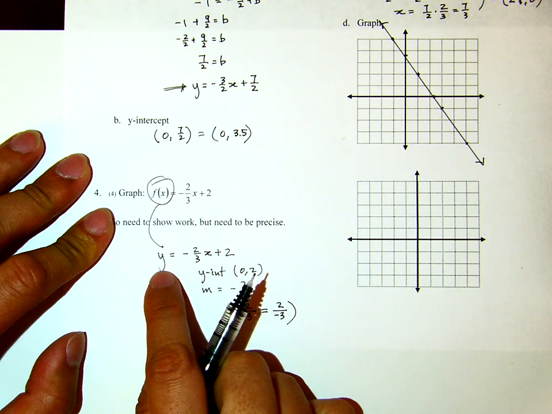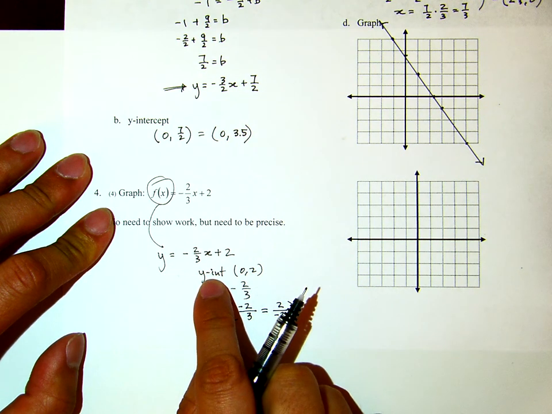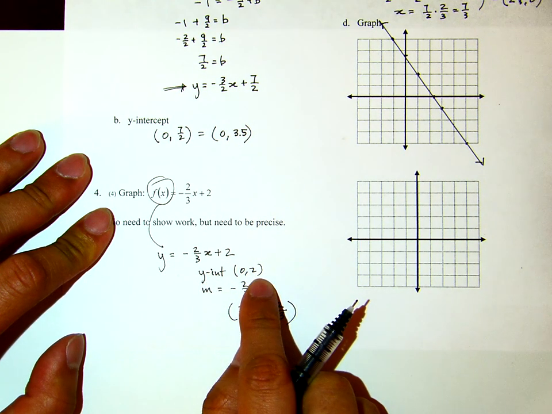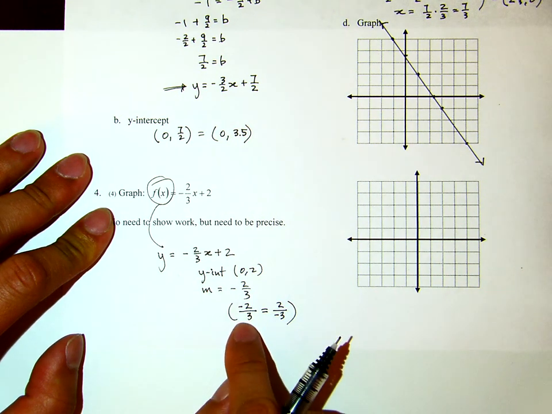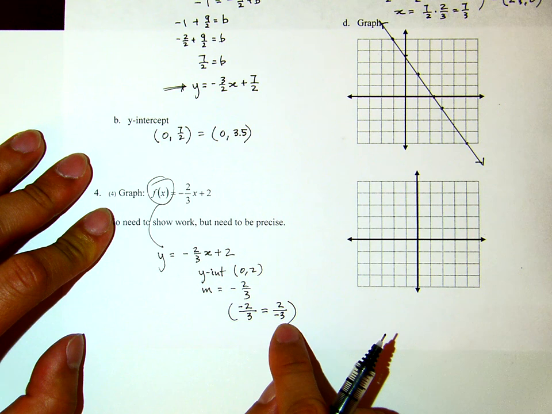f(x), I replaced it by y, and from there I see the y-intercept is 0, 2, and the slope is negative 2/3. Now this negative 2/3, you can put the negative on the top, which means you go down 2, run 3, or you can put the negative at the bottom, which means you go up 2, back 3.